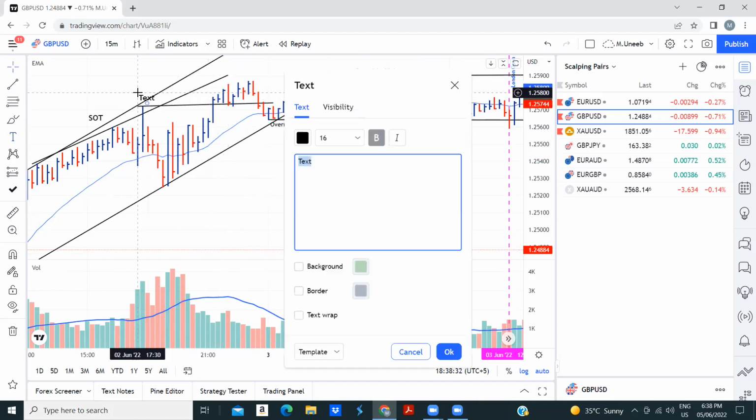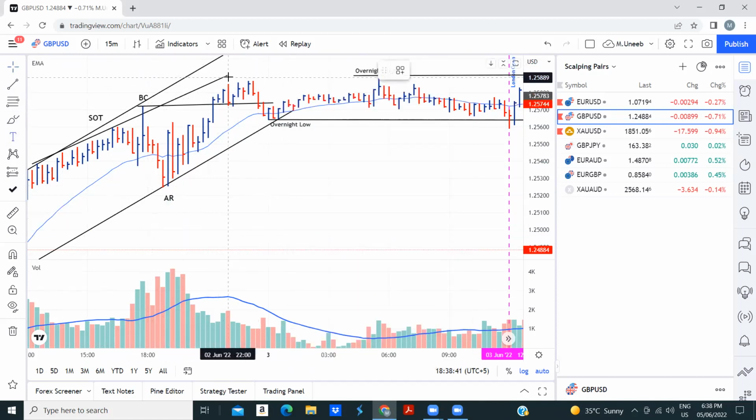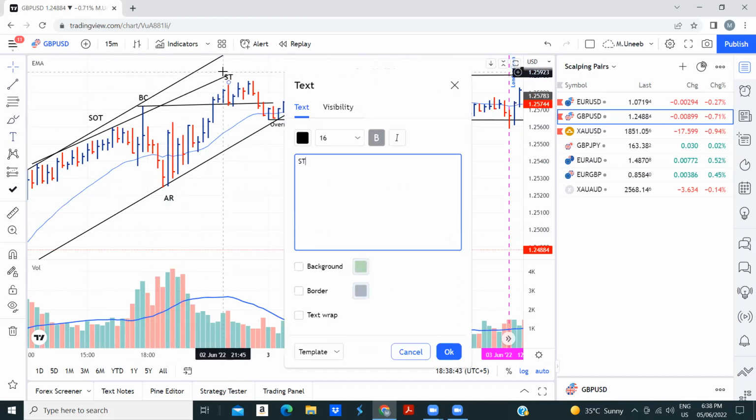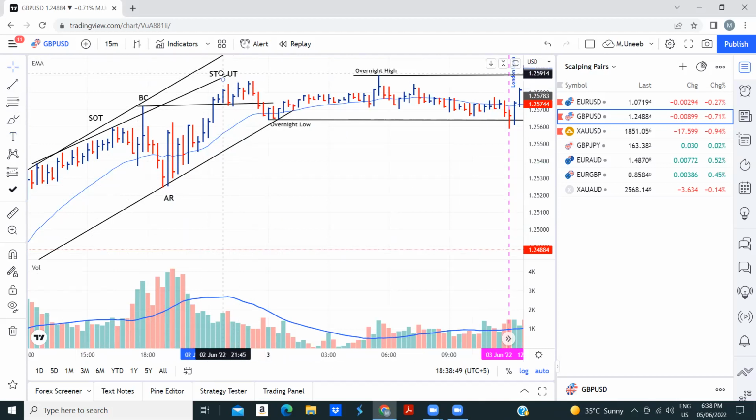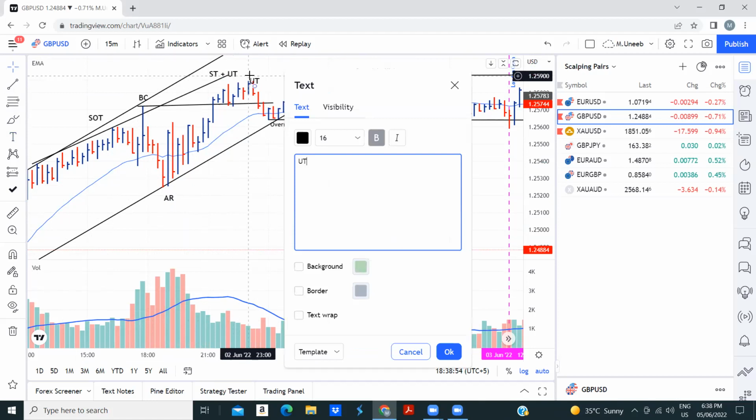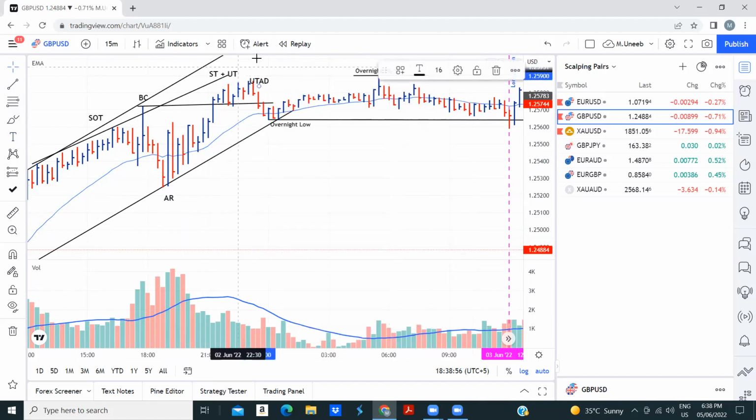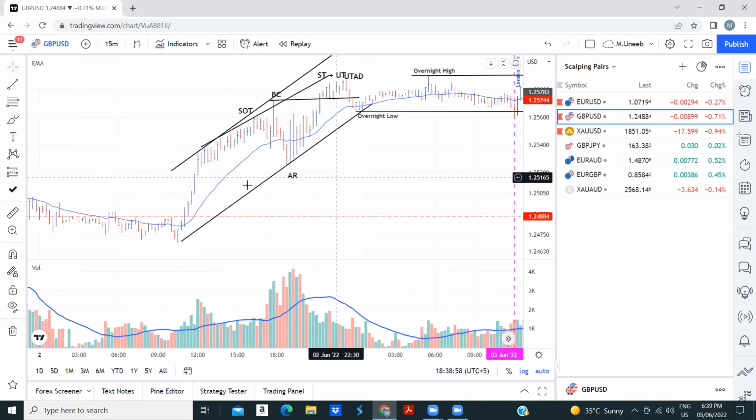This is actually shortening of thrust here. This is buying climax. This one is automatic reaction. This one is secondary test plus UT, right? How about this one? UTAD.